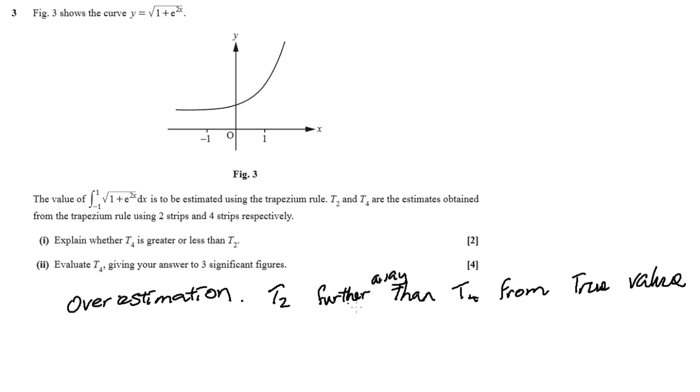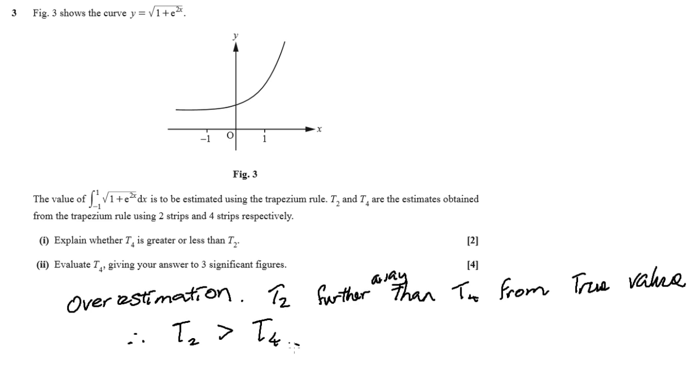And so with that in mind, we know that T4 is more accurate, T2 is less accurate, and both of them are overestimations. So the logical deduction would be, therefore, T2 must be greater than T4.